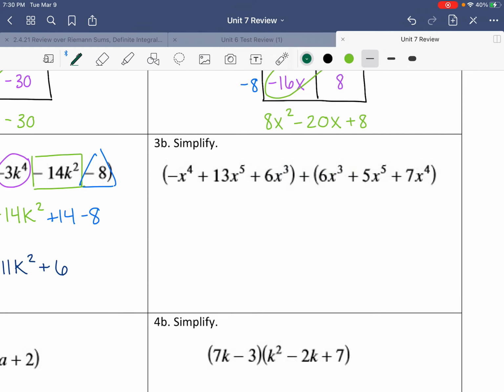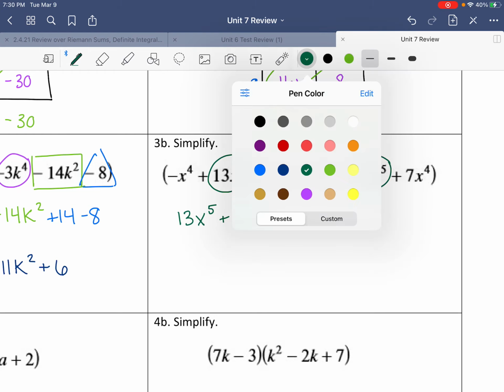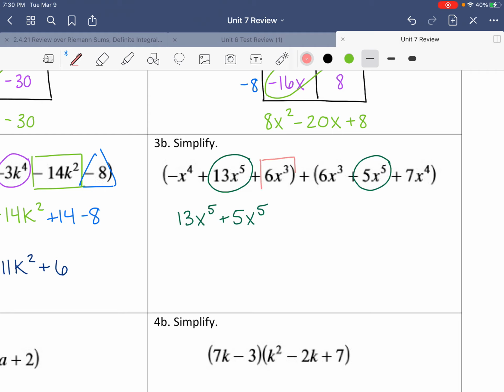All right, same thing on this one. We're going to start with our highest exponent, which is going to be to the 5th power. So I have 13x to the 5th and 5x to the 5th. Then the 4ths are next.